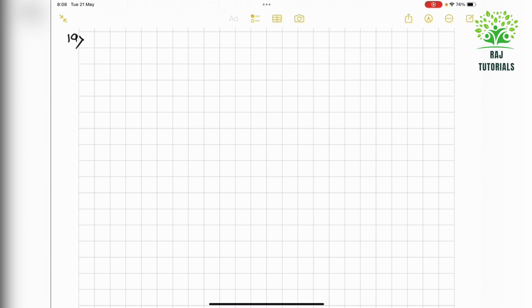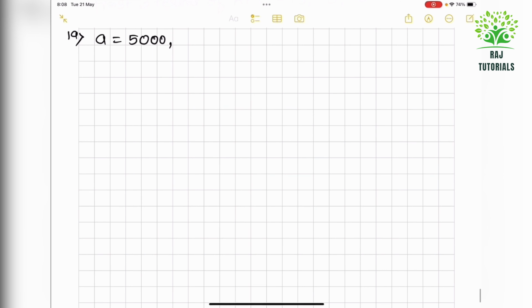Now 19th one, it says Subba Rao started work in 1995 at an annual salary of 5,000. Okay, so A is 5,000 and received an increment of rupees 200 each year. Okay, so D is 200. In which year did his income reach rupees 7,000? So AN is 7,000.